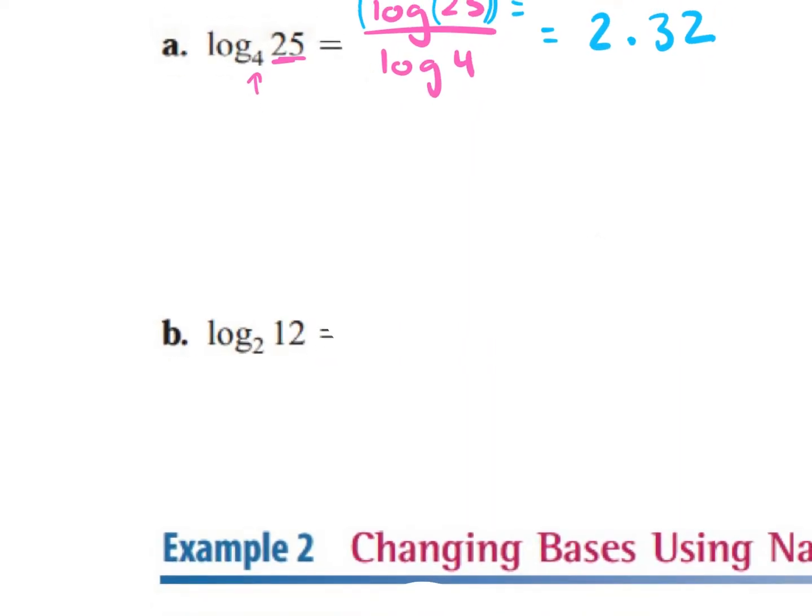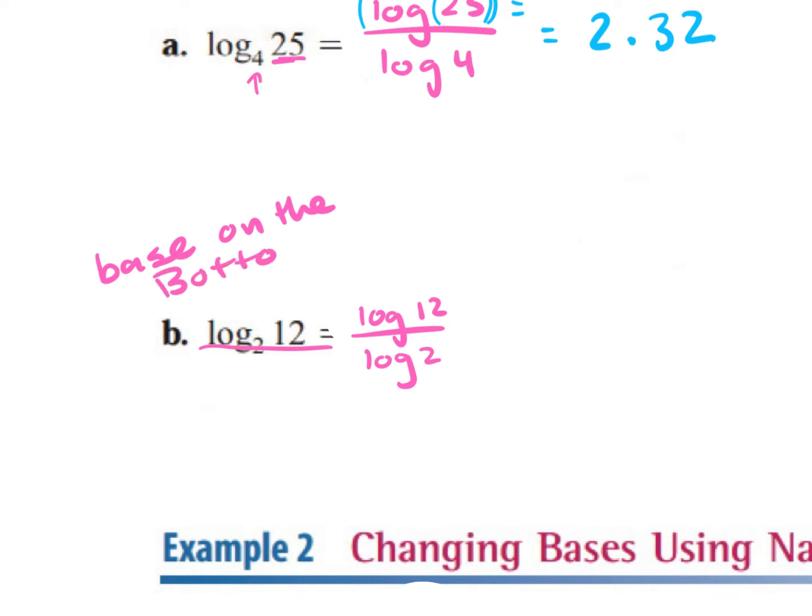For B, we do the same thing. It's always the bigger number on top, so it'd be log of 12 over, the base goes on the bottom, so log of 2. So base is on the bottom. And then we just put this in the calculator. You have to do log of 12 divided by log of 2.